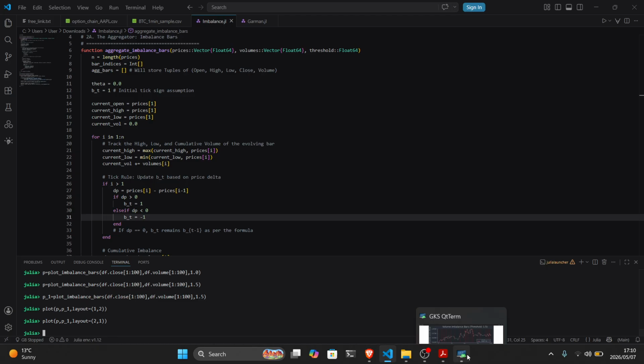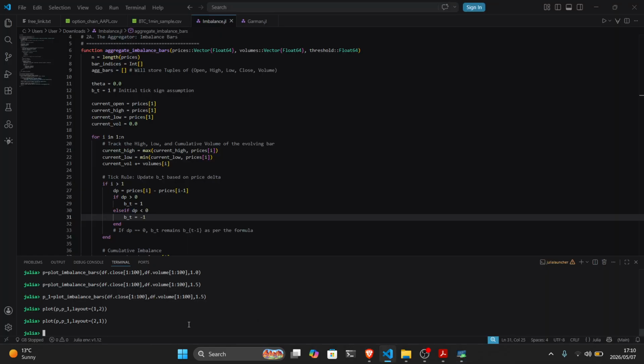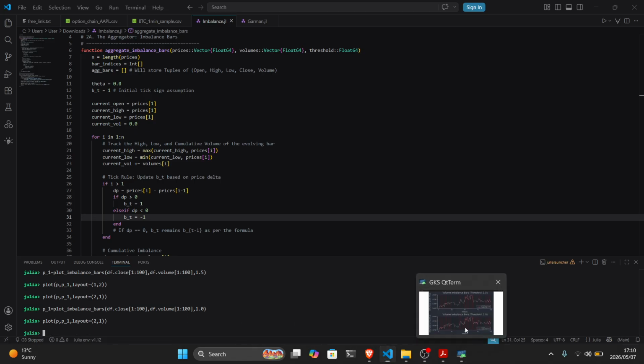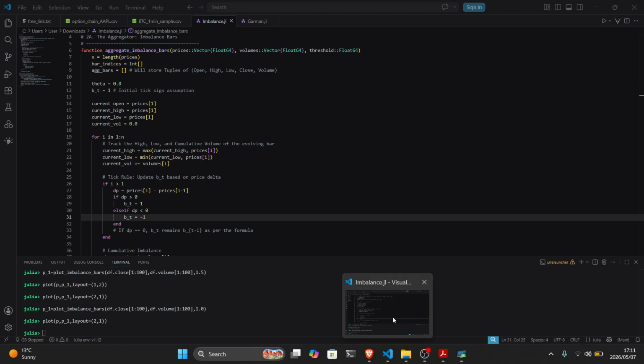Okay, I think this frame is better. Okay, let me just change this then. Now, if you pay attention, you can see the one with a smaller threshold seems to have more bars.